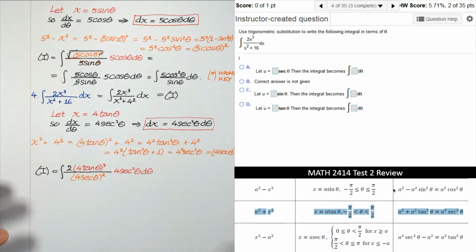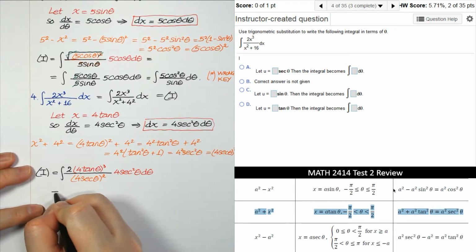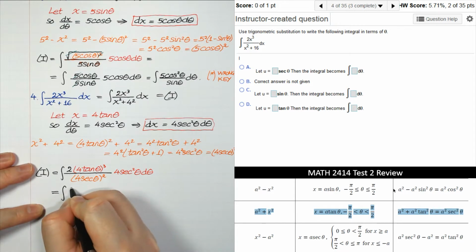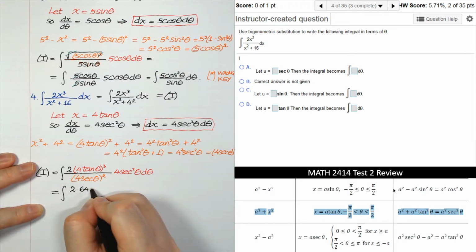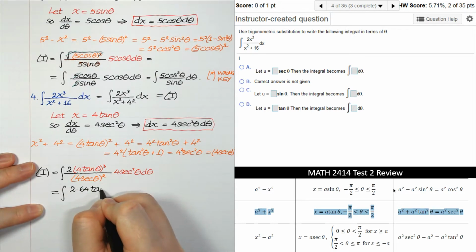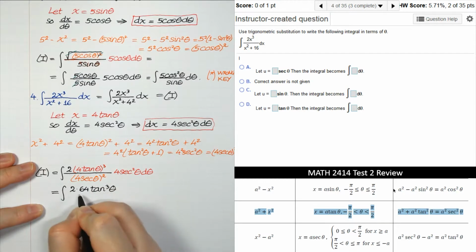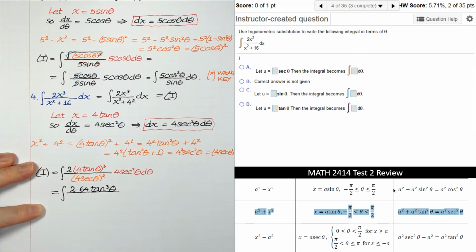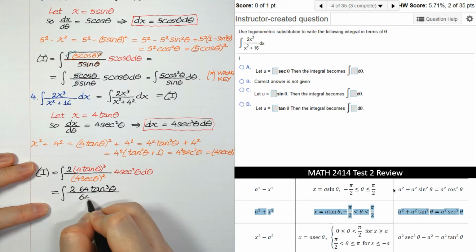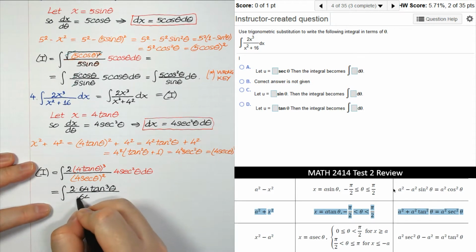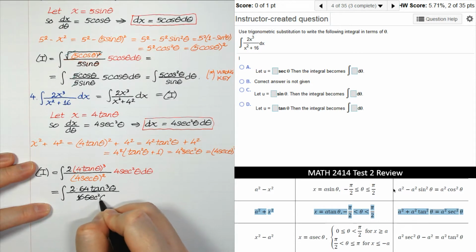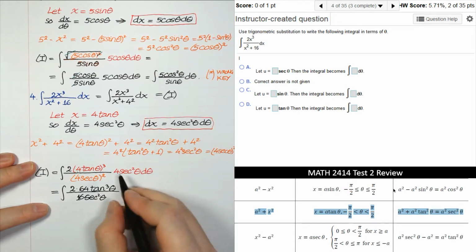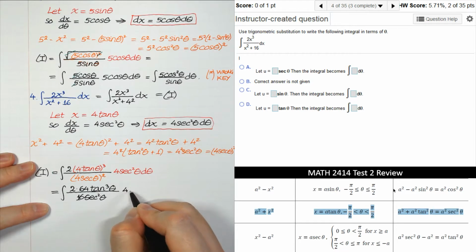Multiply the powers. 2 times 4 cubed is 64 tangent cubed theta over 4 squared, 16, and then secant squared, and this is 4 secant squared.